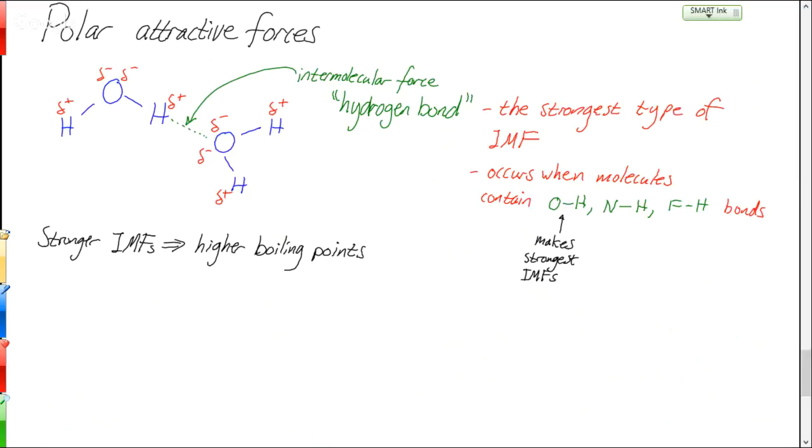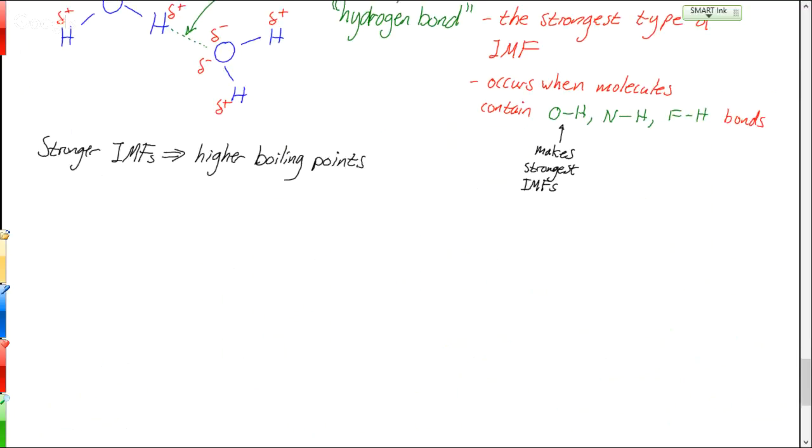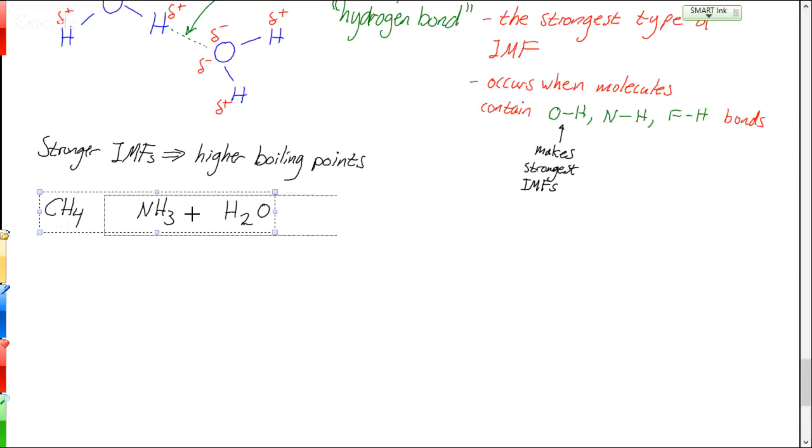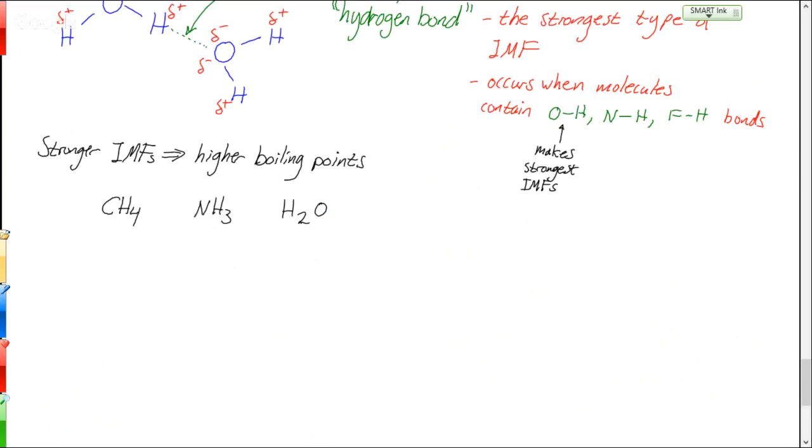So let's look at three molecules that are about the same size, because size also affects boiling point. We'll get into that in a little bit. We're going to look at methane, ammonia, and water. And let's look at their molar masses so that we can see the size, and then compare that to the boiling points.